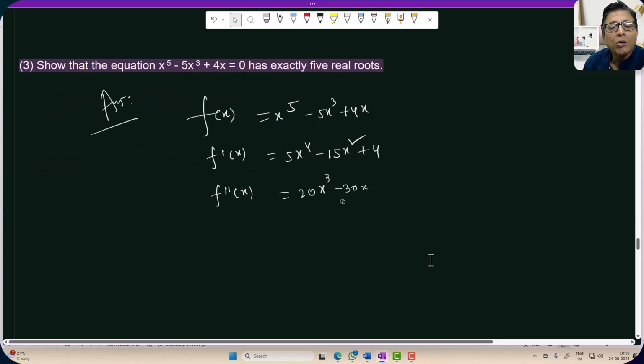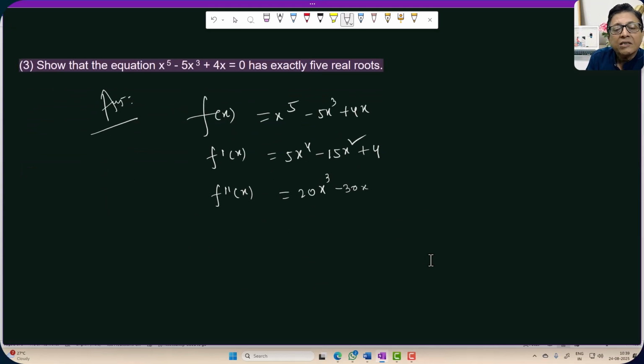Why am I doing all these things? This is f''(x) we got. We can state the roots now.